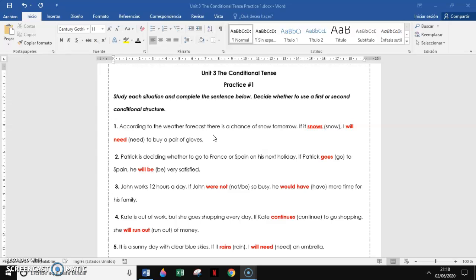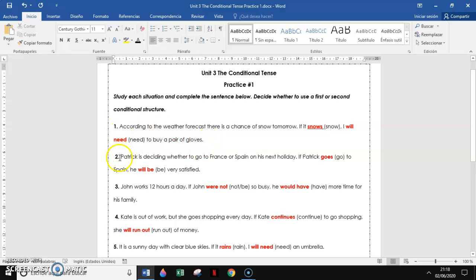So, if it snows, present simple, I will need to buy a pair of gloves. Here I'm using the first conditional: if it snows, present simple, plus will need to buy a pair of gloves.